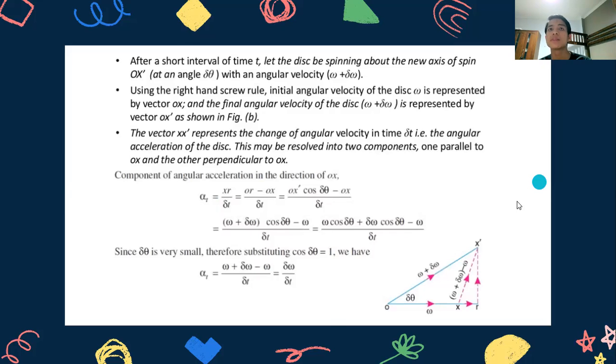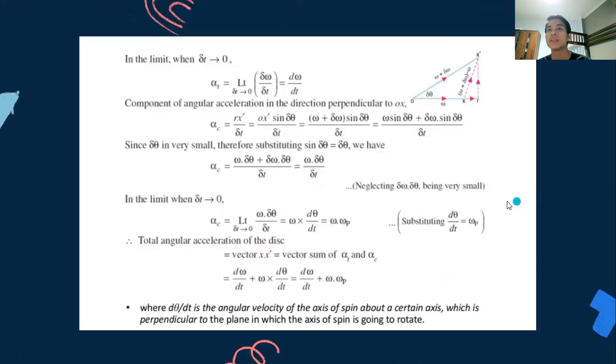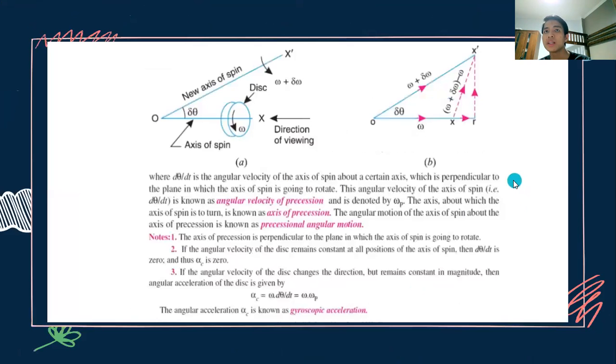I think we can skip this, and after taking the limit and neglecting some very small magnitudes, finally we can get the gyroscopic acceleration, which is a_c equals omega times d theta divided by dt. I think we can go to the next.